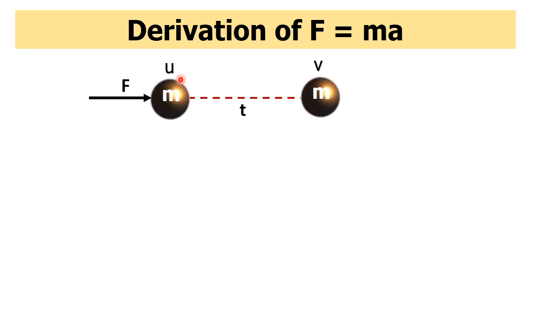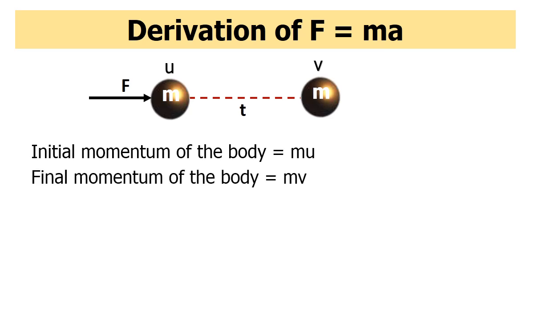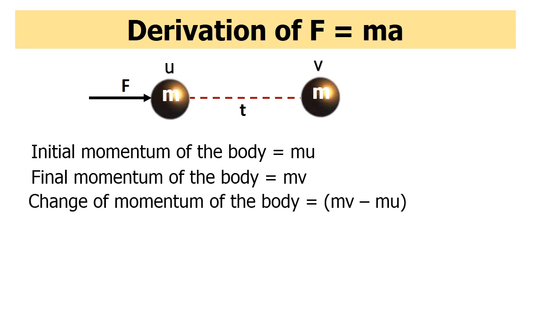Here you are seeing an object whose mass is m and initial velocity is u. If we apply force F, then the object will start to move. After time t, the velocity of the object will be v. So we can say that the initial momentum of the body is mu and the final momentum is mv, so the change of momentum of the body is mv minus mu.